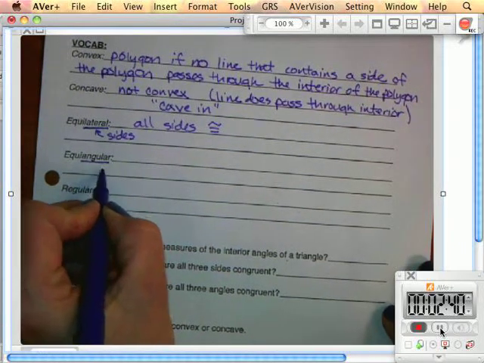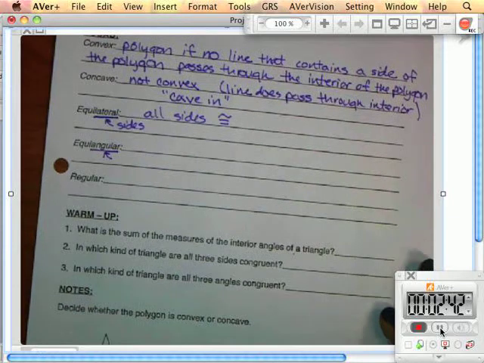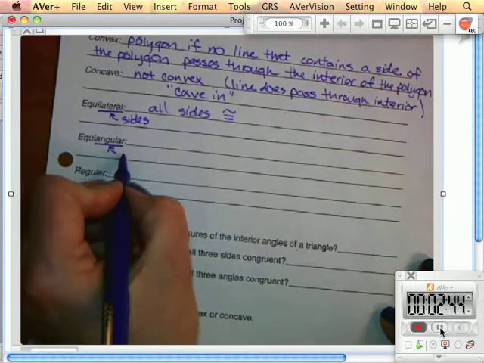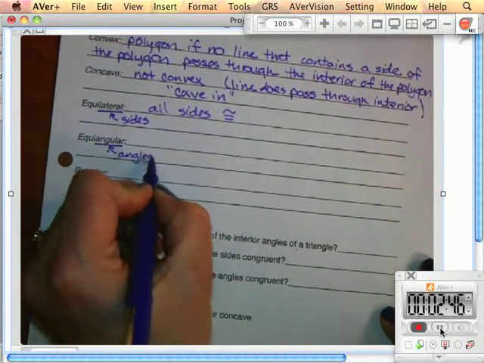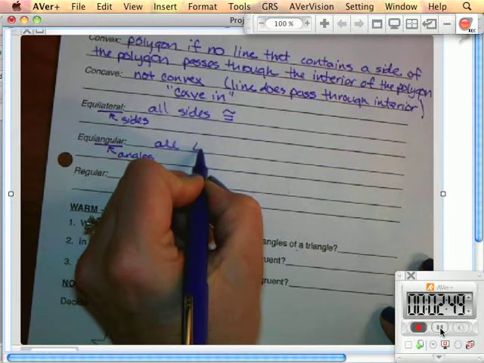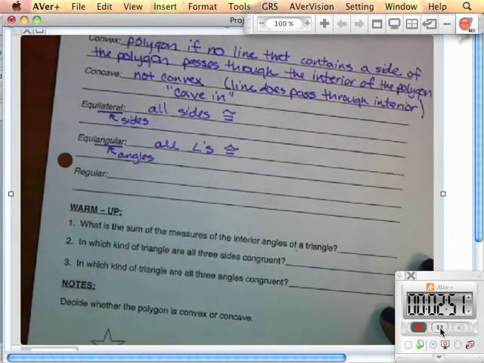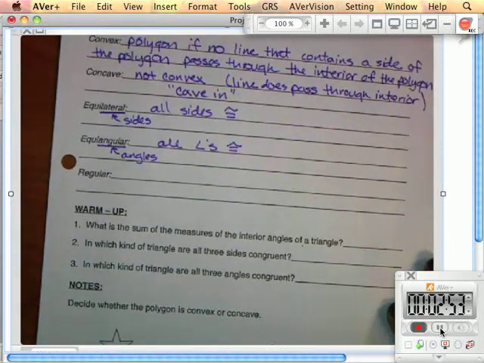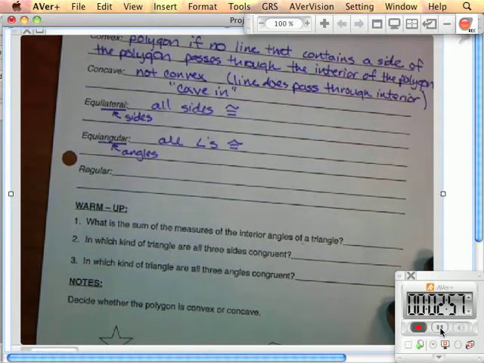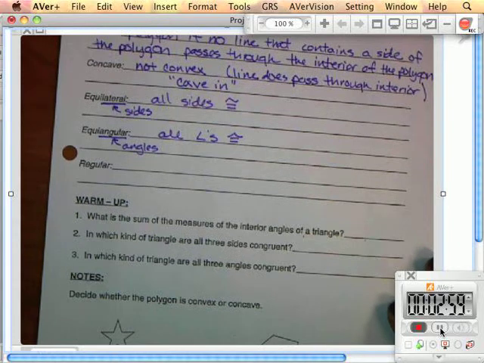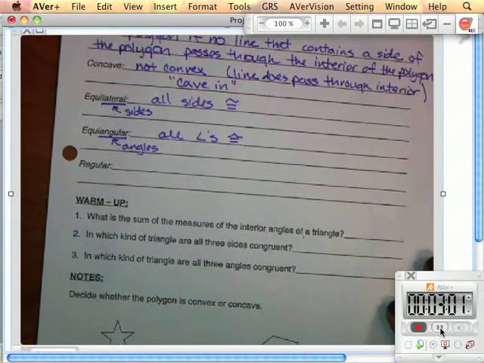What are we talking about if it says angular? The angles. It's talking about the angles. All angles are congruent. Does anybody know what criteria has to be met to have a regular polygon?